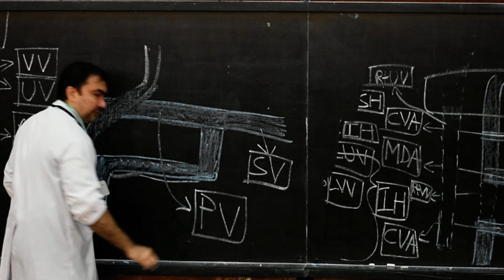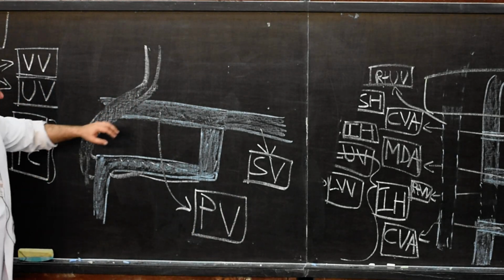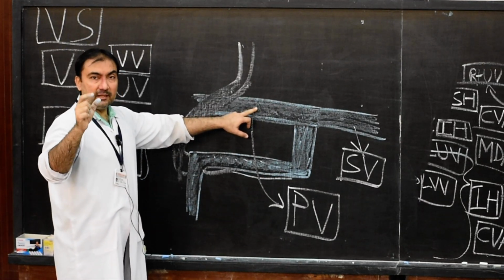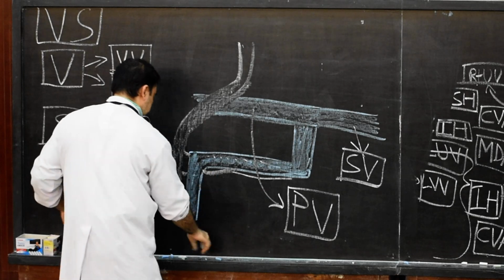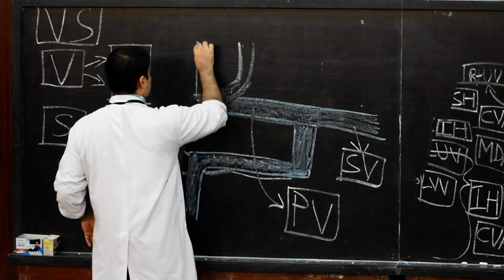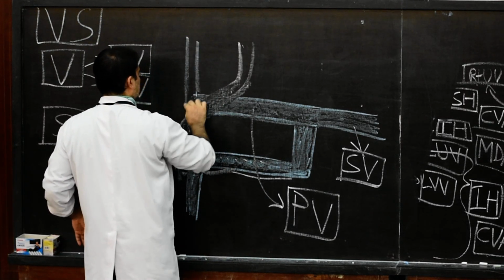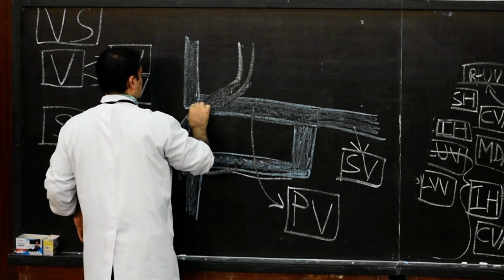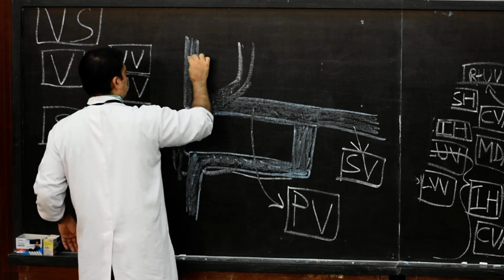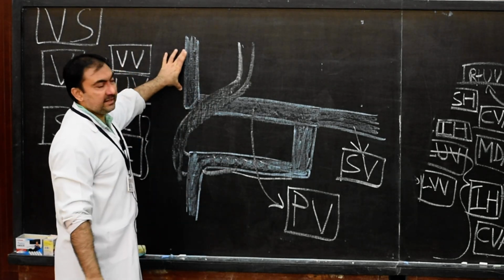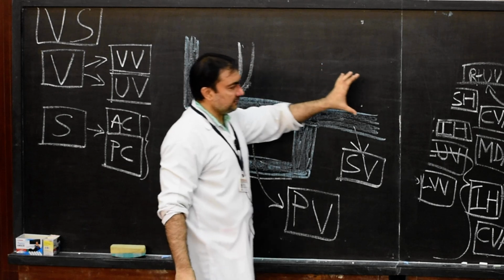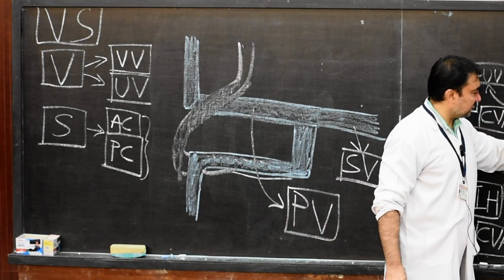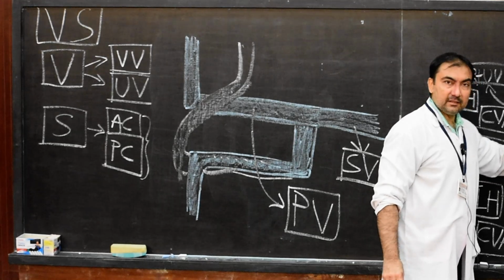The stem of the portal vein will develop from, number one, the middle dorsal anastomosis, plus, if we continue upwards here, this will be the right vitelline vein. Which portion of the right vitelline vein? See here, the portion of the right vitelline vein which is lying between the cephalic and middle anastomosis.